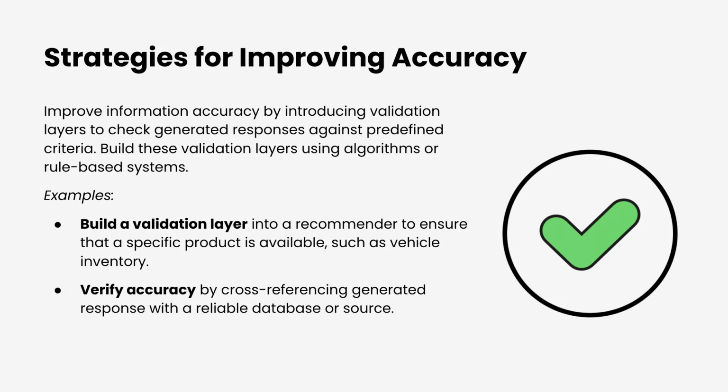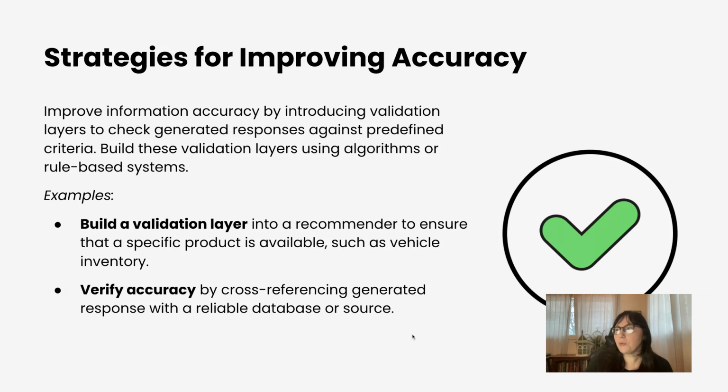An example of a validation layer is perhaps we have a recommender for vehicles. We would want to build a validation layer to make sure that any vehicles that are recommended to a user are available in inventory, and that sort of validation layer can be applied to a lot of different use cases. Just making sure that we're making good recommendations and not relying only on the generative AI.